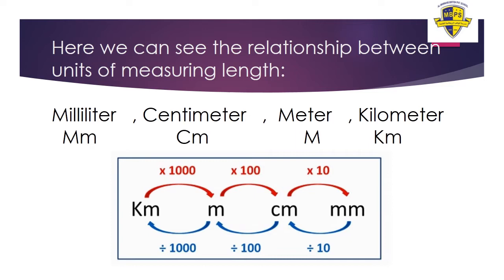So this means I need 10 millimeters to make a centimeter. Then I will need 100 centimeters to make 1 meter. So to make 1 meter using millimeters, I need 10 multiplied by 100 equals 1000. Excellent. Only add the zeros together. So 1 and 3 zeros, it's 1000. So 1000 millimeters. This is the relationship between our units.